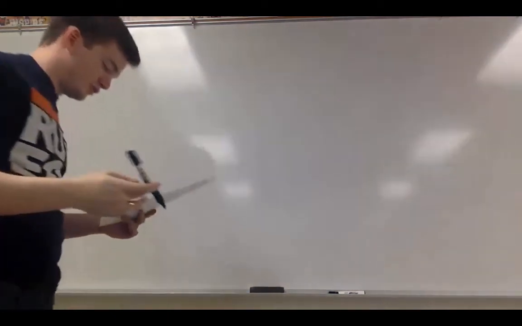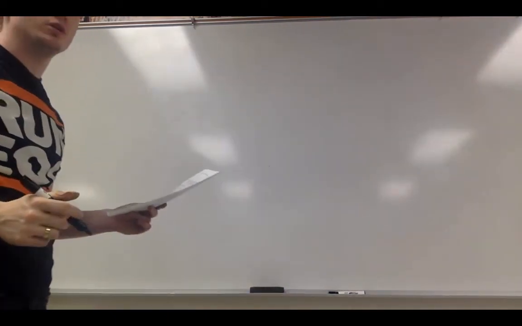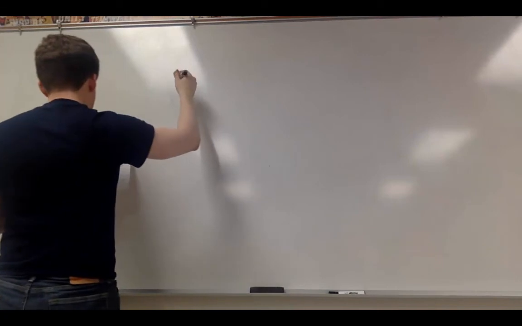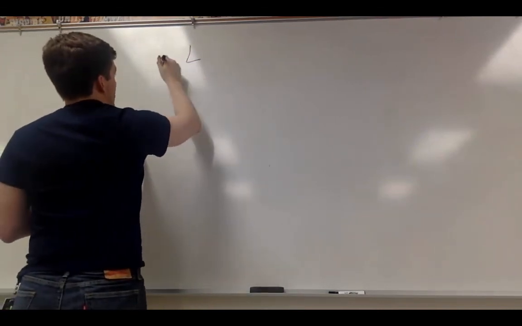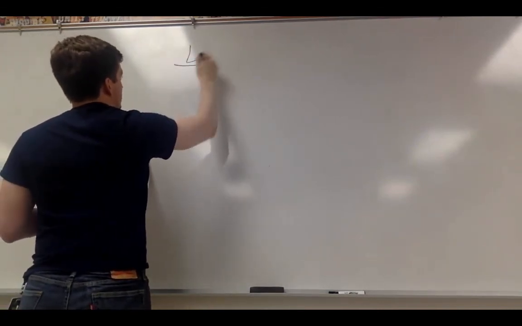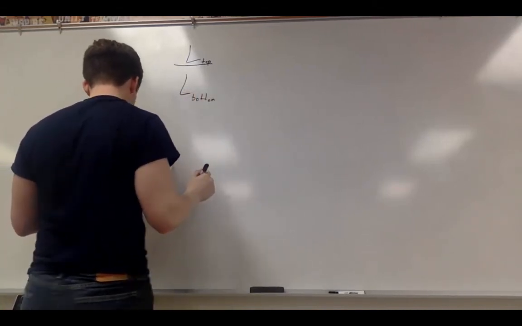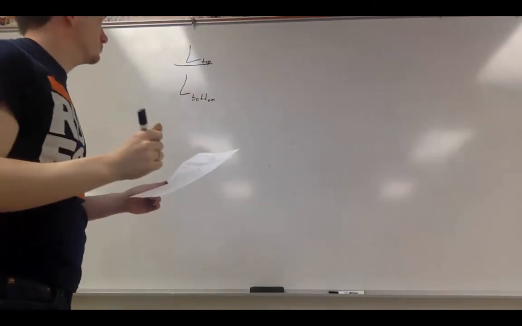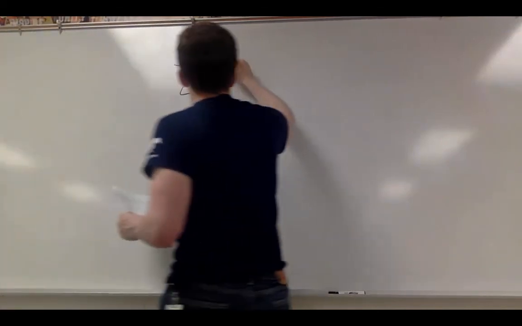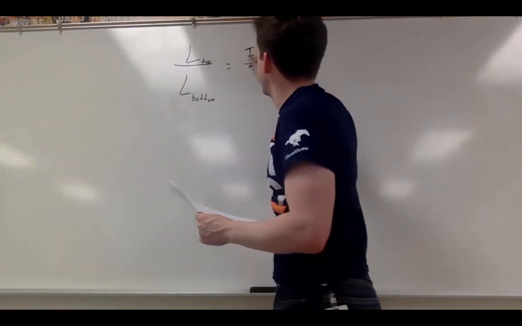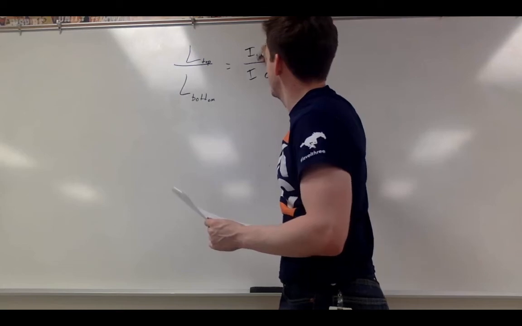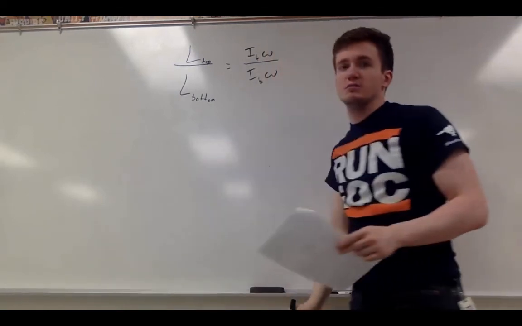It asks for the ratio of some angular momentums. So we want the L on the top over the angular momentum of the bottom. Let's expand. I omega over I omega. This is top, this is bottom. Let's think about those omegas though.